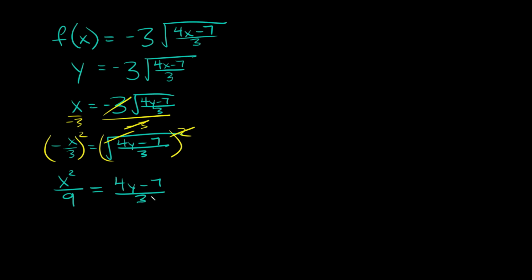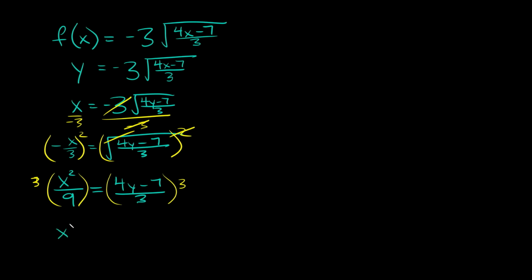Okay, now here we can get rid of the 3 by multiplying both sides by 3. Multiply that whole side by 3 and this whole side by 3. So then on top over here, we'll get 3x squared, and on the bottom, we just still have a 9. So 3 over 9 reduces down to 1/3, right? So we can write it as x² over 3.